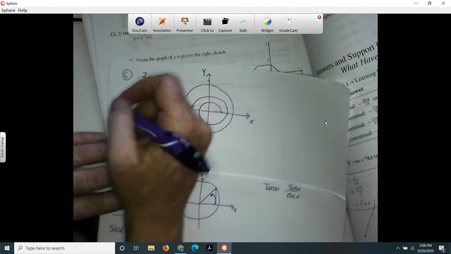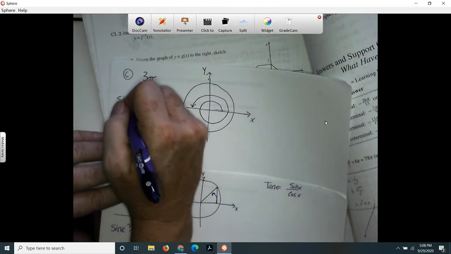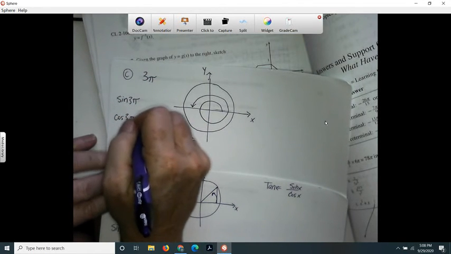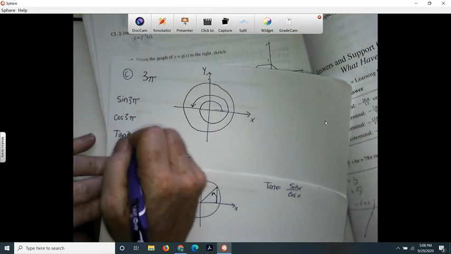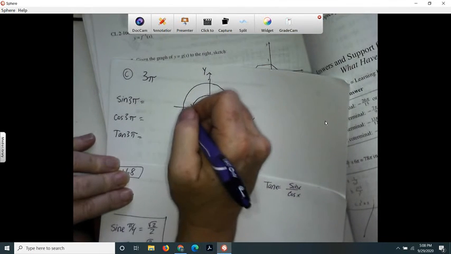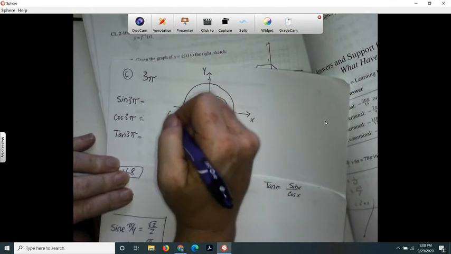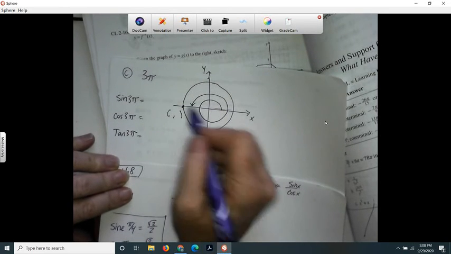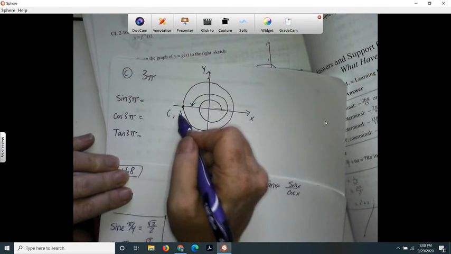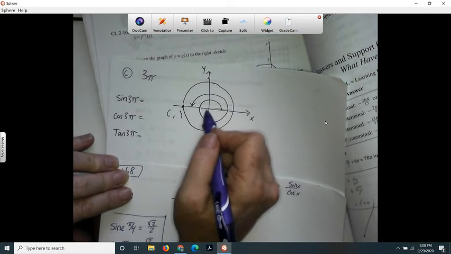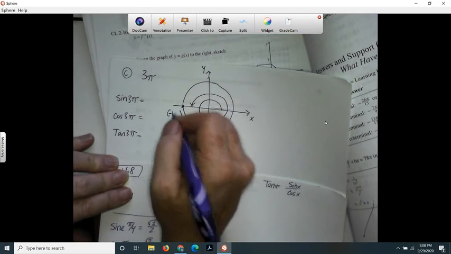So what are the signs? So sine of 3 pi, cosine of 3 pi, and tangent of 3 pi. On this one, I think I have it memorized. This right here, the sine and the cosine. Cosine is going to be, I think, -1 here, and sine is going to be 0.